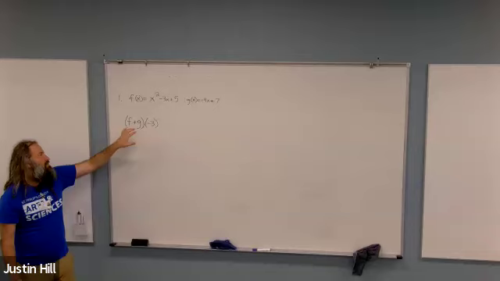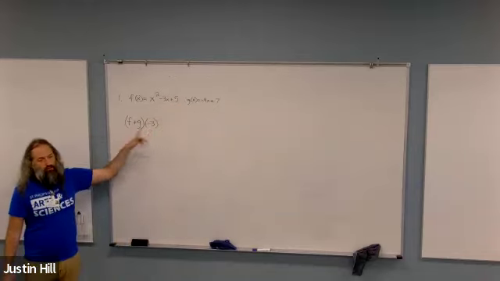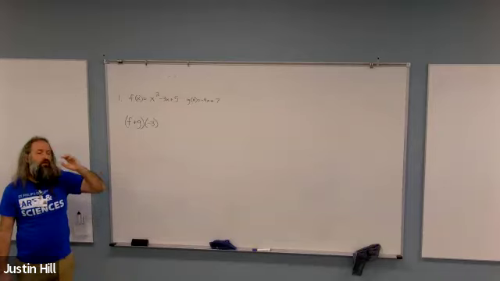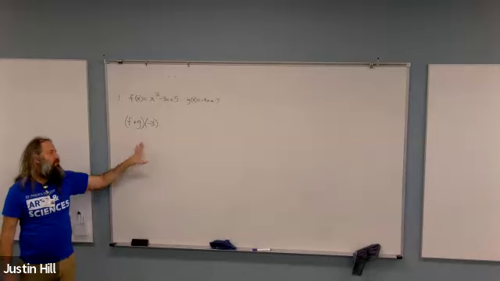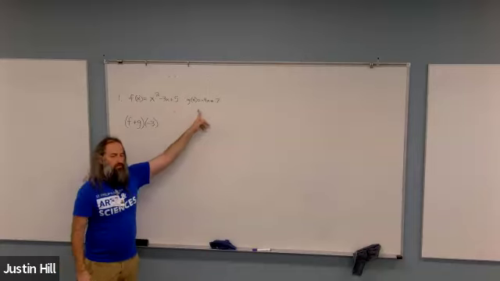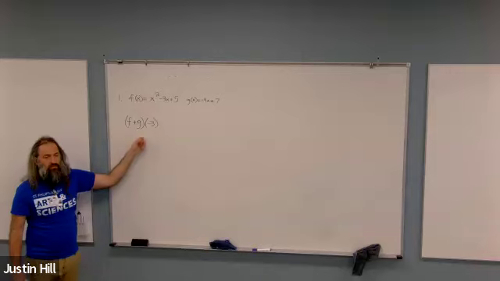We can either add our two functions together and then plug in a -3, or you can plug in a -3 to each of these, get some result out of that, and then add those results together.